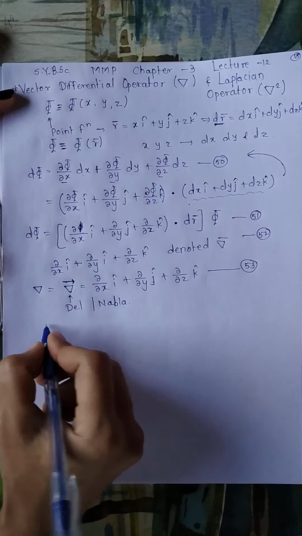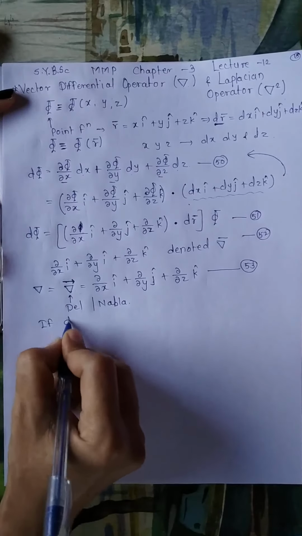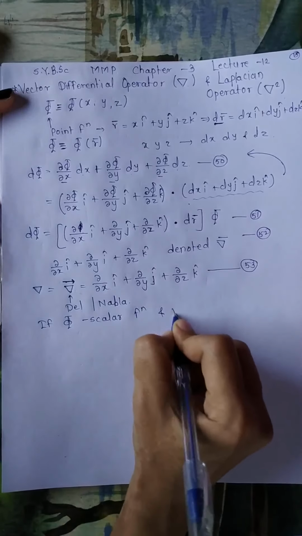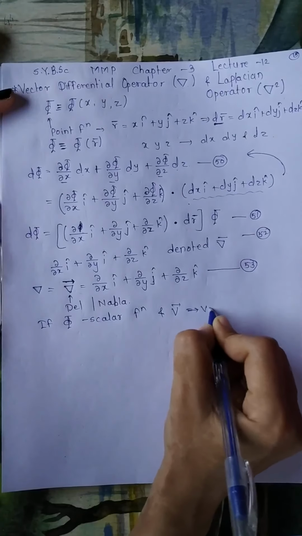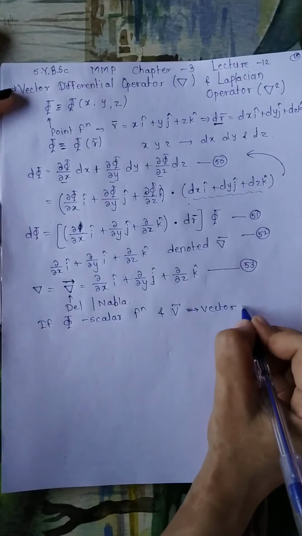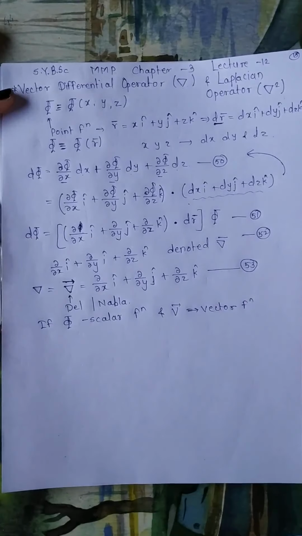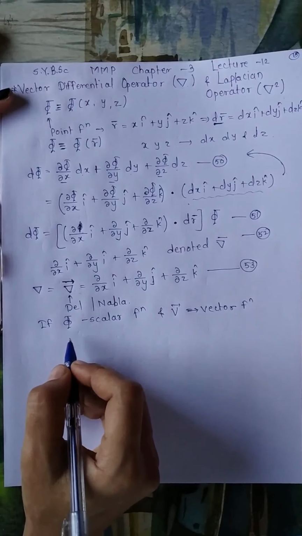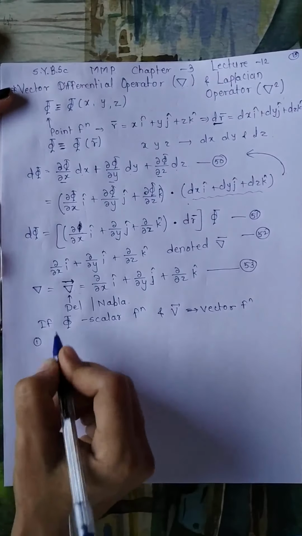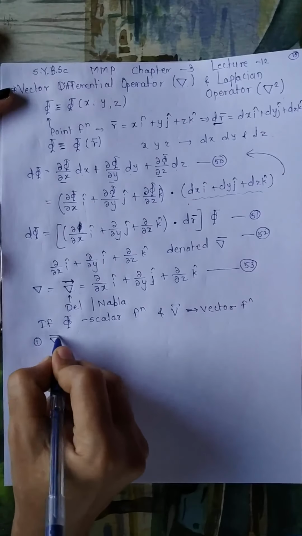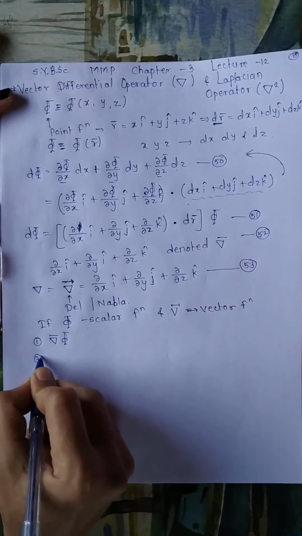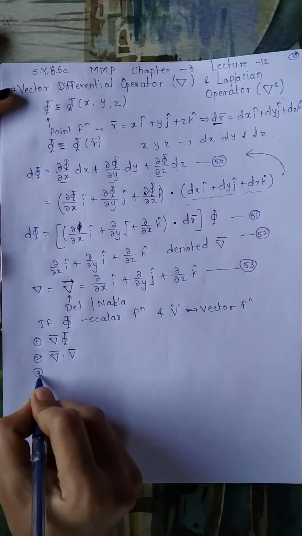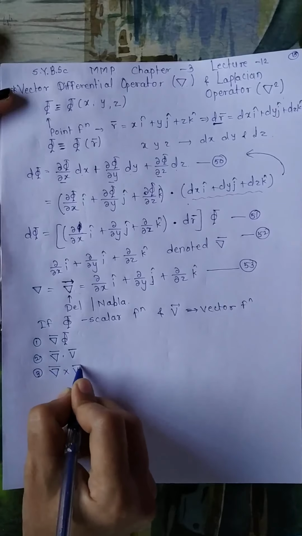Suppose phi is a scalar function and v bar is a vector function. The three operations are del phi, then del dotted with v bar, and third, del crossed with v bar.